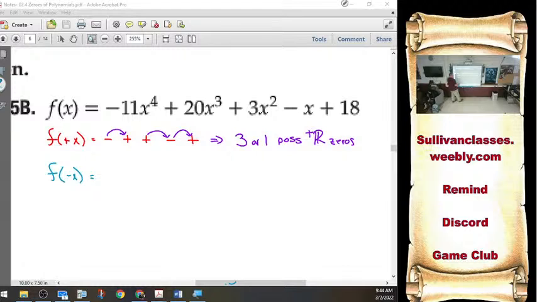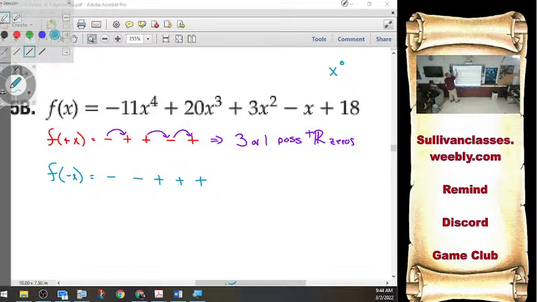If I plug in negative x, its even power doesn't change. Its odd power does change. Even power doesn't change. Odd power does change. Constant, technically that's x to the 0 and 0 is even, so it doesn't change.